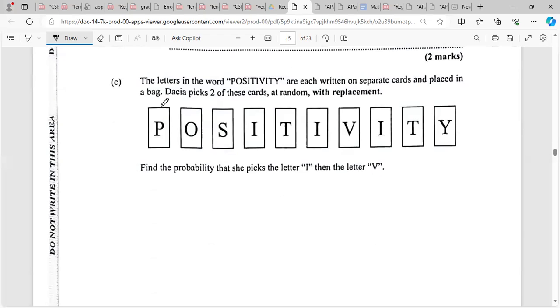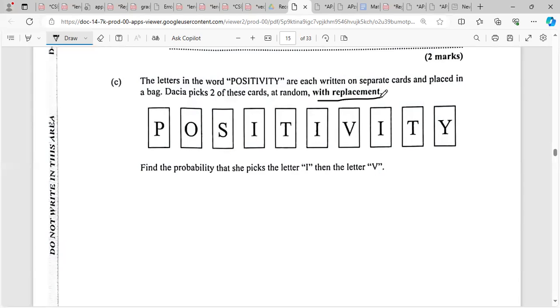The letters in the word positivity are written on separate cards and placed in a bag. Dacia picks 2 of these cards at random with replacement. So every time you take one out, you have to replace it.